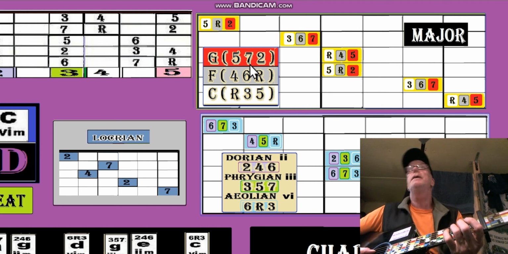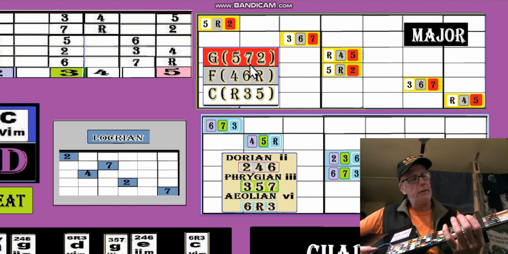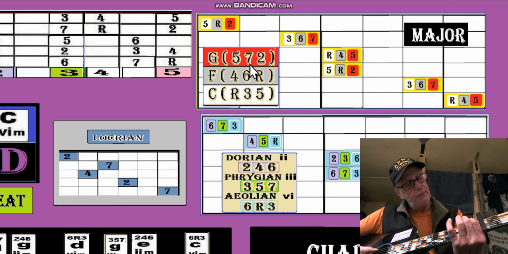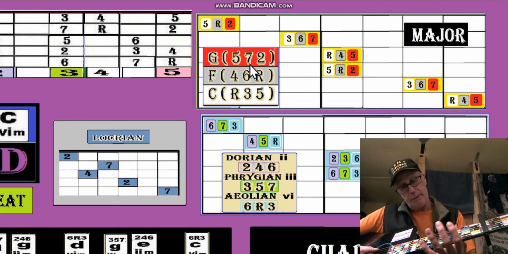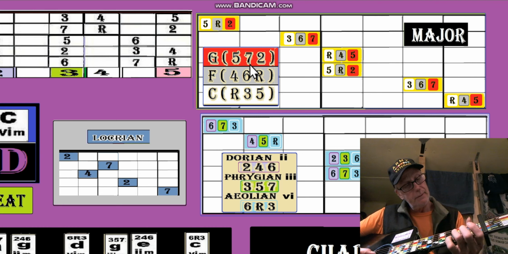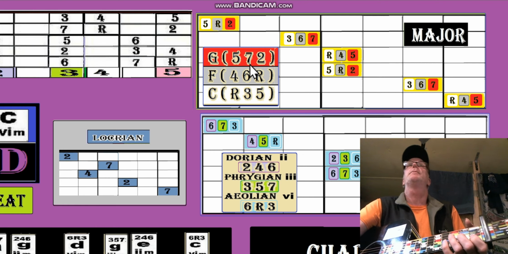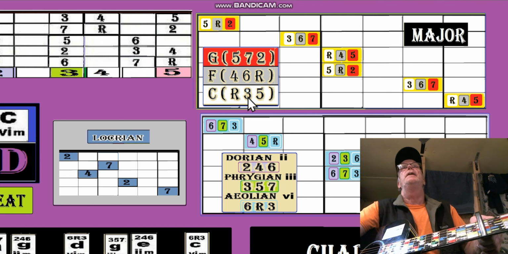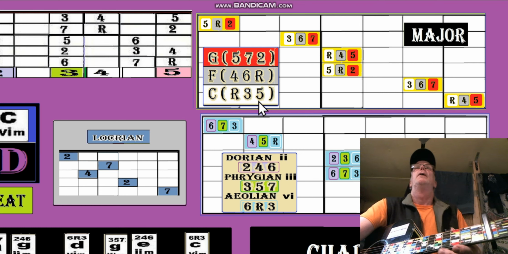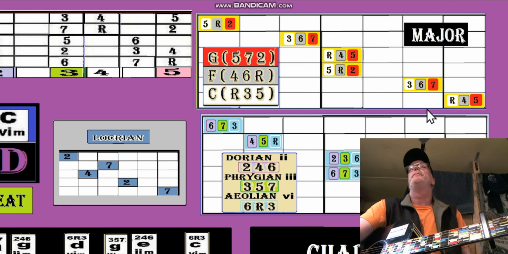The F is 4-6-R. Oh boy, I did one of those little funny shaped chords. And then the C, that's why I don't like the capo, but the C is R-3-5. So basically you've got root position chords here. This is the major arpeggio.